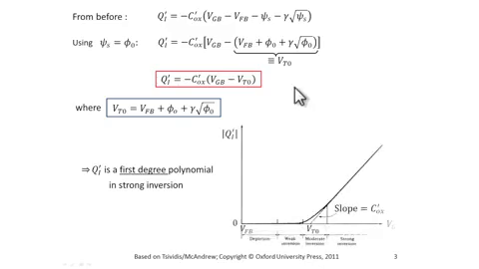Let's plot this. This is the magnitude of QI, because QI itself is negative, versus VGB. And in strong inversion, which is over here, you see this behavior, a straight line that corresponds to this equation. Now, this straight line, if you extend it, it goes like this. It goes as the broken line over here, and QI becomes 0 when VGB is equal to VT0.